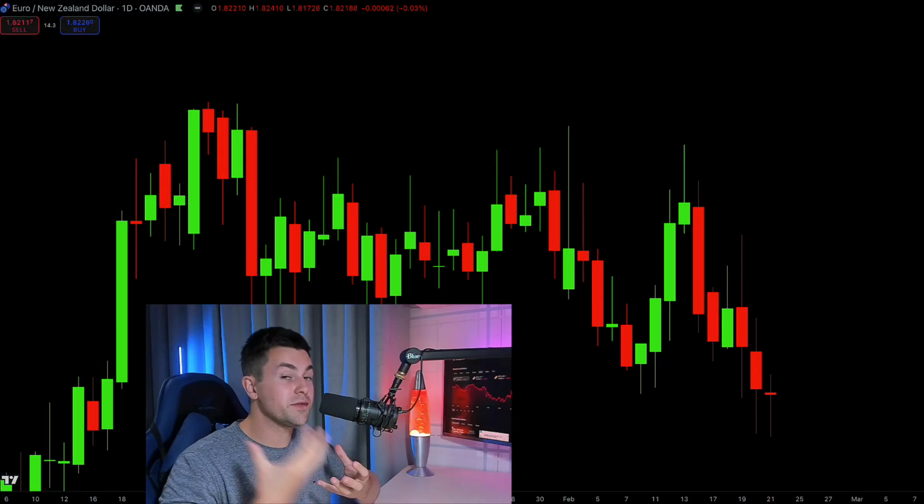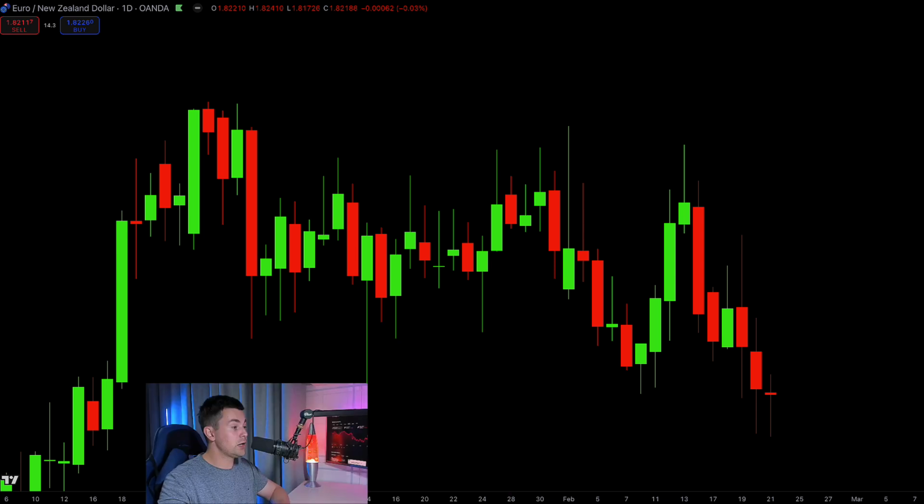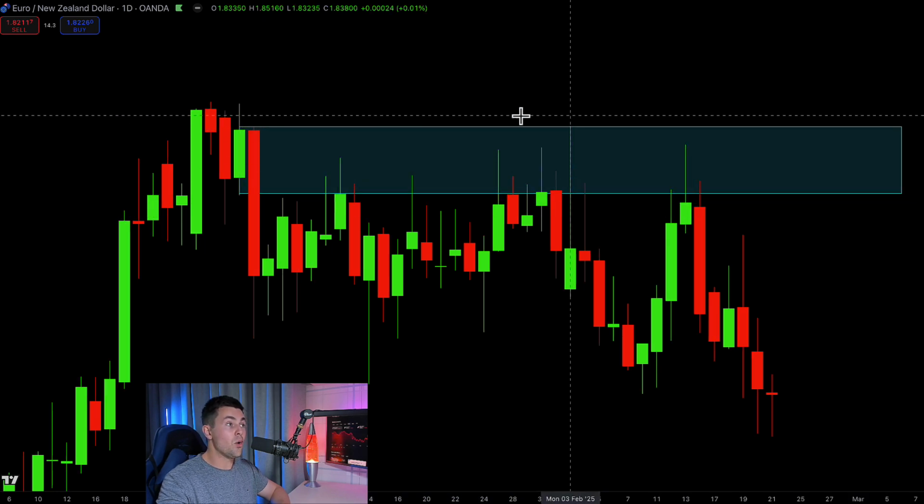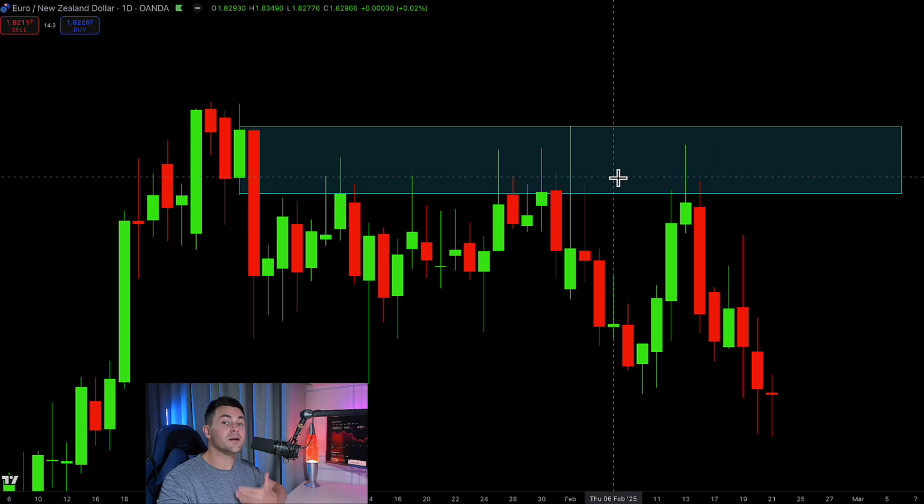And when we look for the supply and demand zones, we simply look for the areas where a strong buying or selling activity occurred, where we saw a strong market supply or a strong demand. Take a look at that zone right here. It is a very perfect supply zone, a liquidity zone where we saw a significant selling activity.